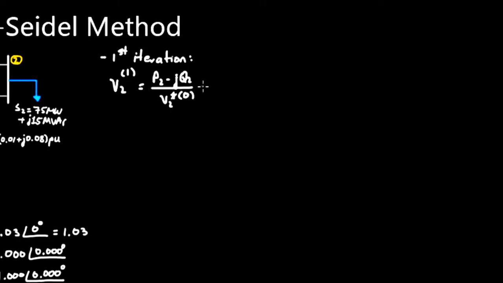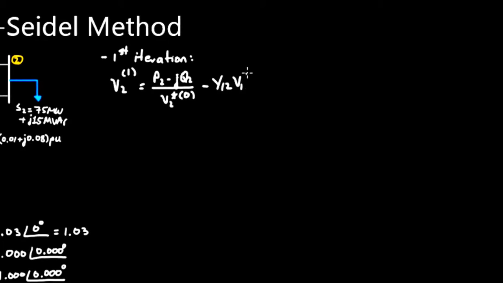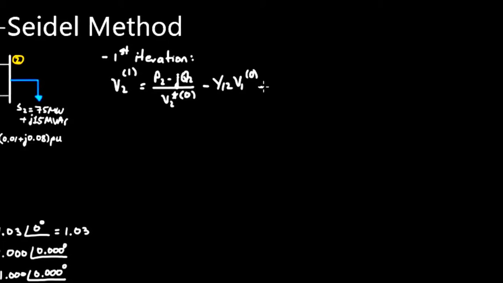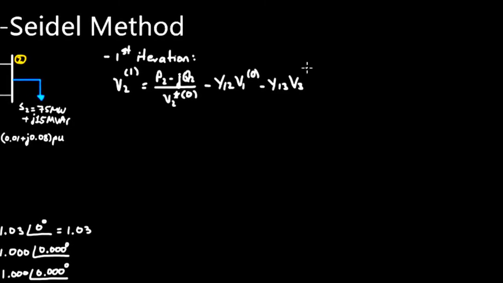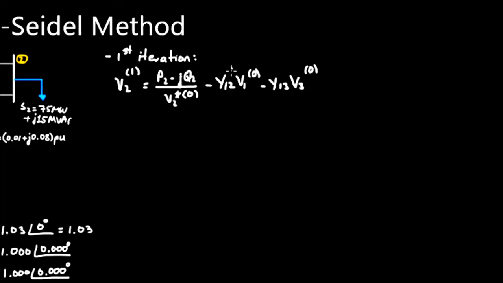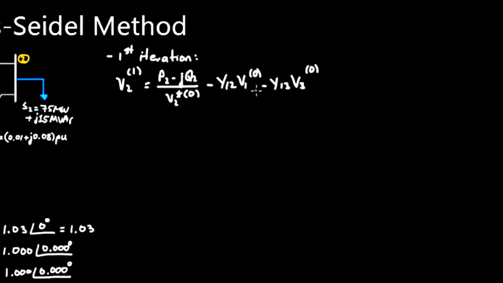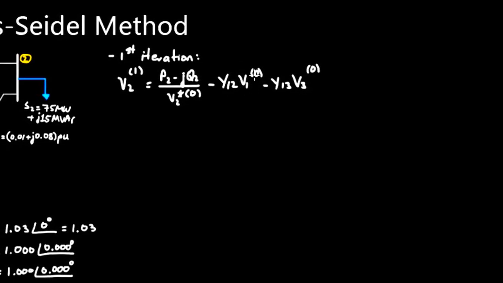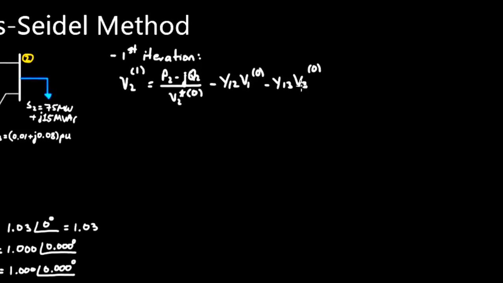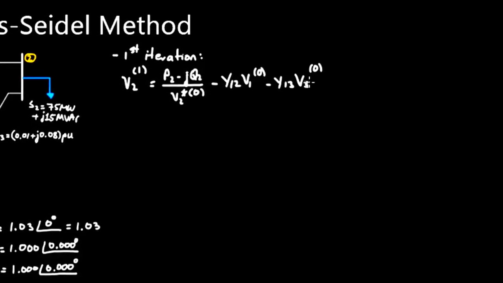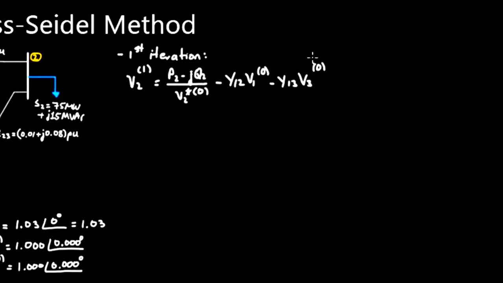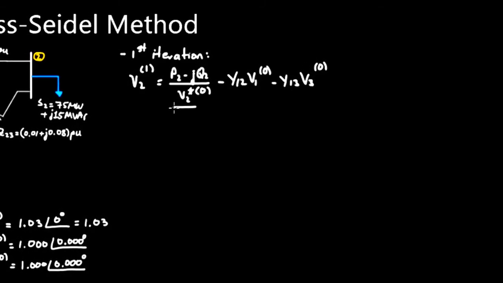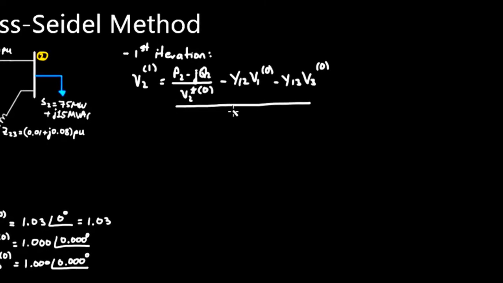And then that minus uppercase Y12 times V1 of 0 minus Y13 V3 of 0. And again, here I'm going to use the latest information that I have. So for V1, the latest information that I have is iteration 0. And for V3, the latest information that I have is iteration 0 as well. So all of that divided by Y33.